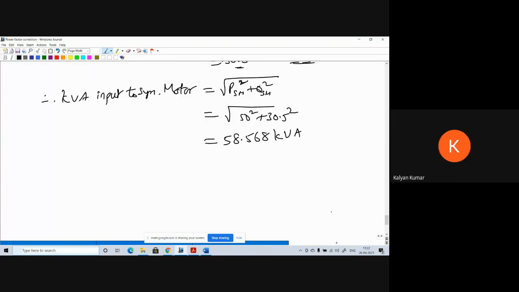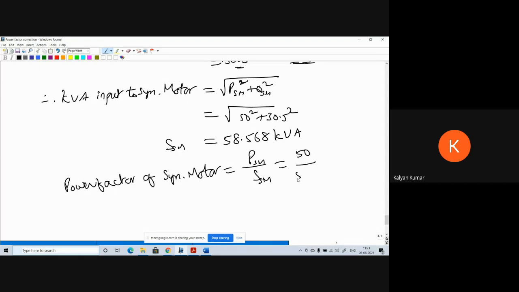So I got the S value for the synchronous motor. Now I can calculate the power factor of the synchronous motor, equal to P by S. P is 50 divided by 58.568.